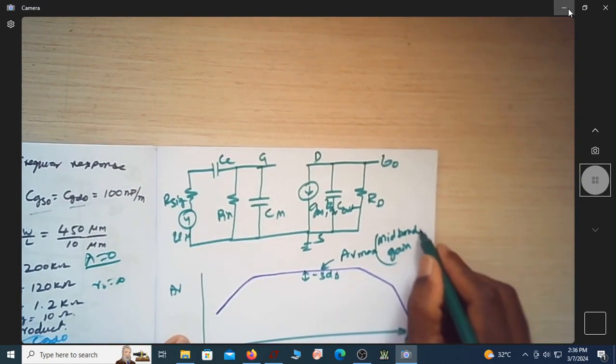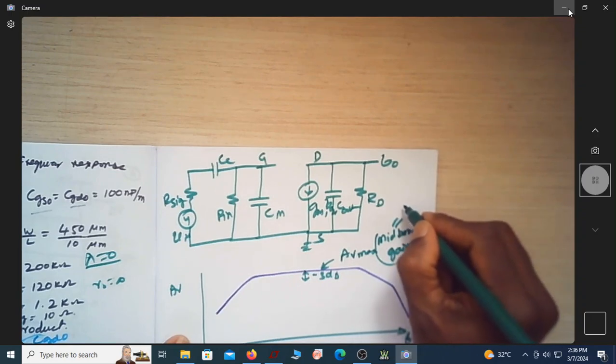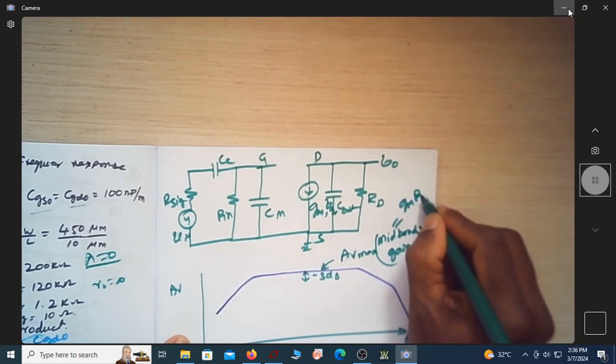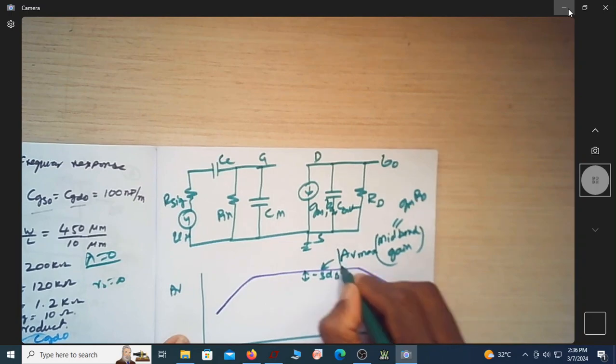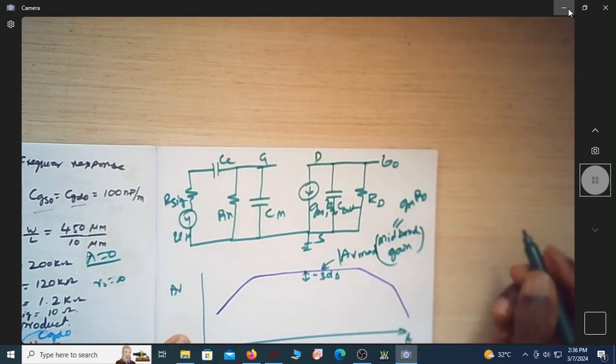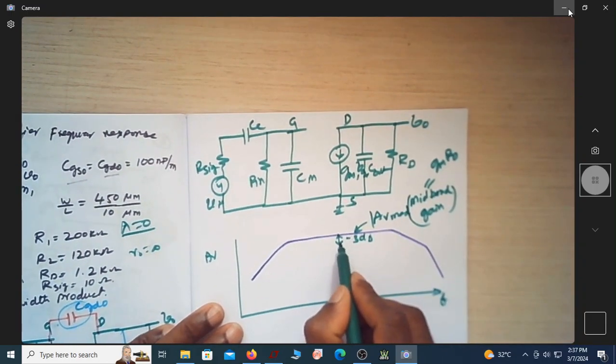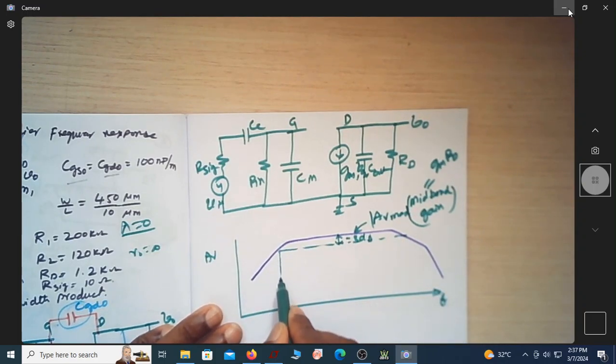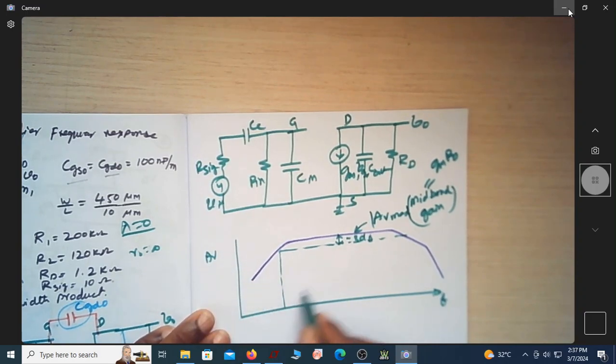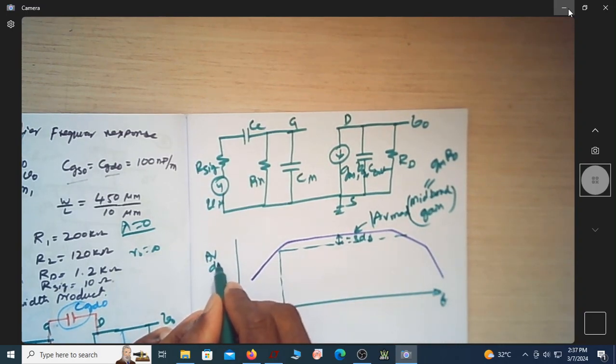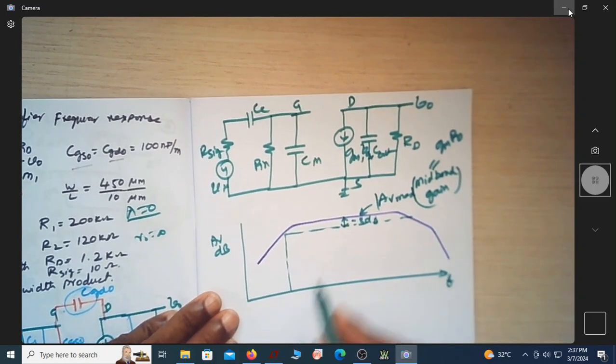This mid band gain is nothing but gm into RD magnitude. It's actually gm into RD. So when we come 3 dB down, you have this point and this point. This corresponds to 3 dB when the gain is expressed in dBs. So you are coming down by 3 dB from AV max.